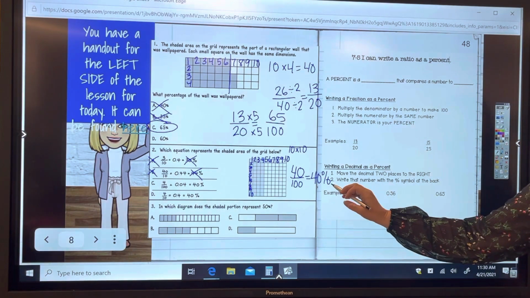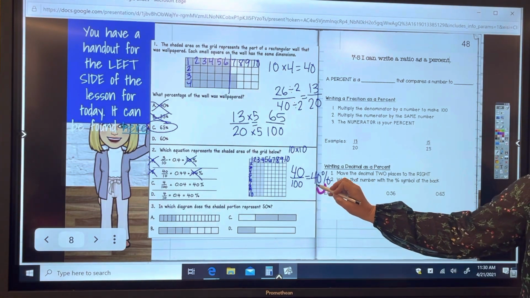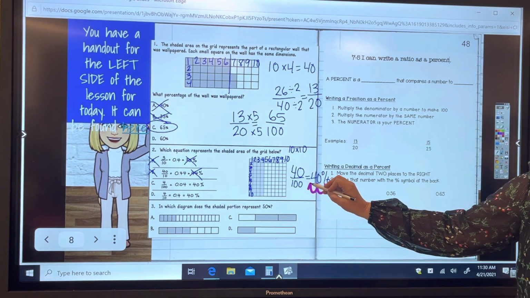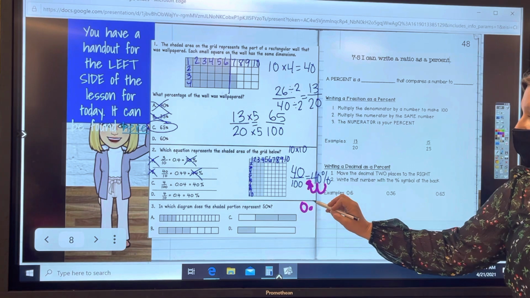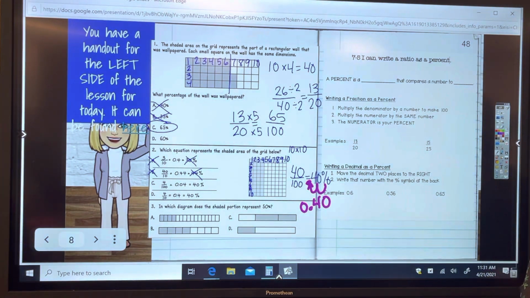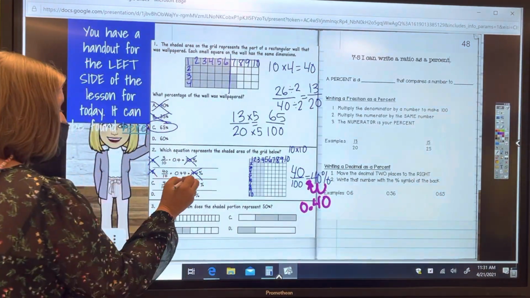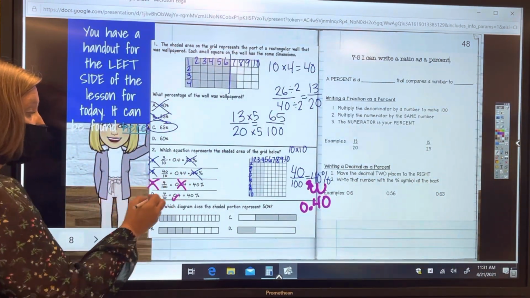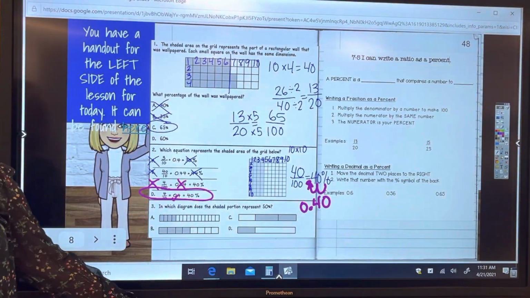I'd move my percent sign two places to the left. And then it'll be 0.40, 40 hundredths or 4 tenths. Which one matches that? D. So C is wrong. The correct answer is D.